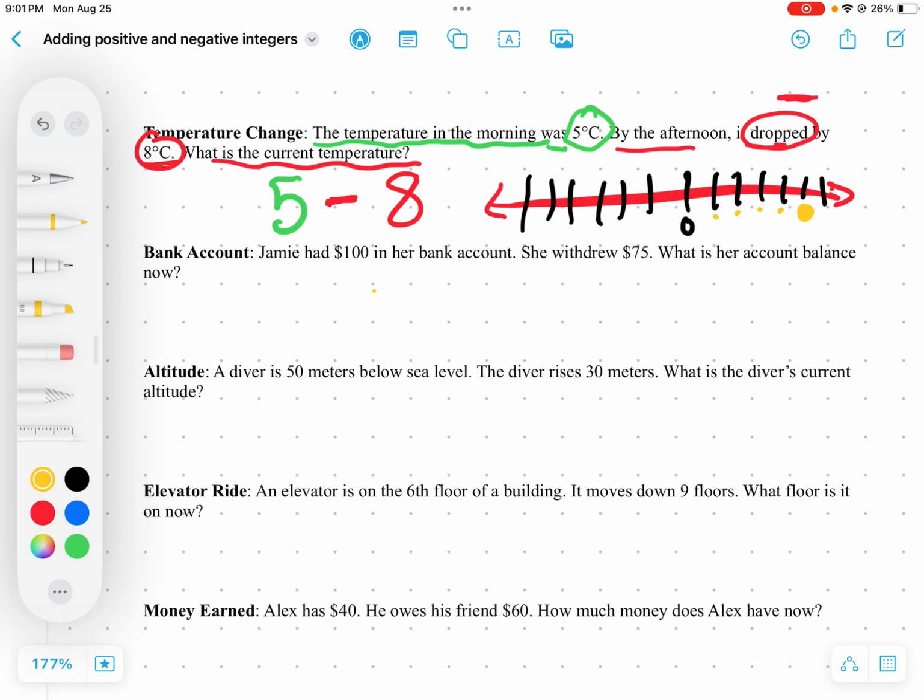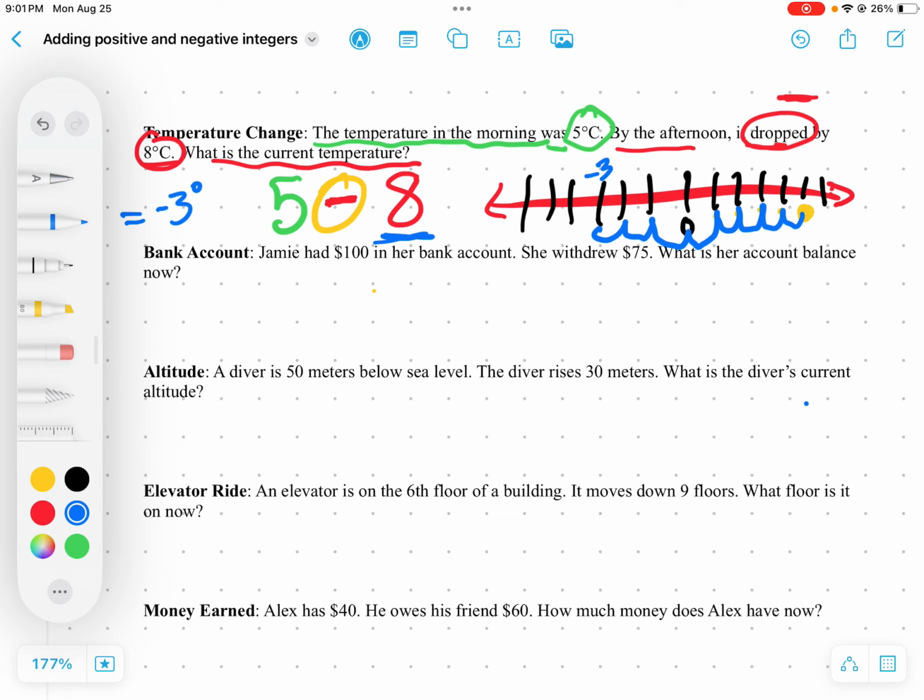And then this tells us where to go on the number line. We're going to go to the left, and then we're going to go to the left 8 spaces. 1, 2, 3, 4, 5, 6, 7, 8. This puts us at negative 3. So the final answer would be negative 3 degrees.